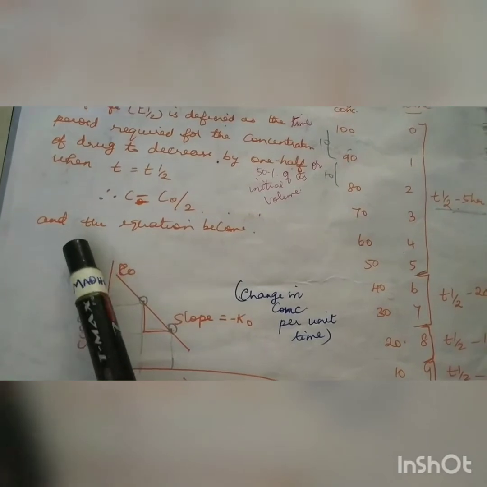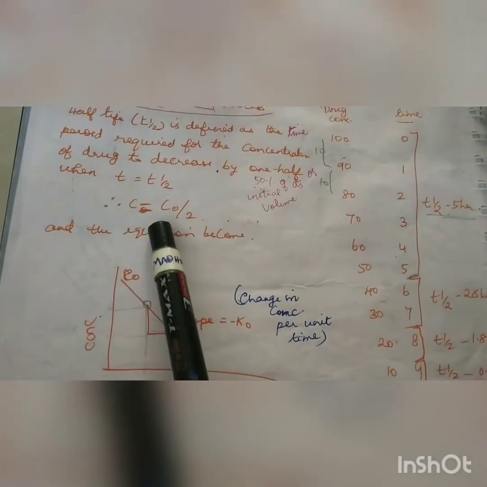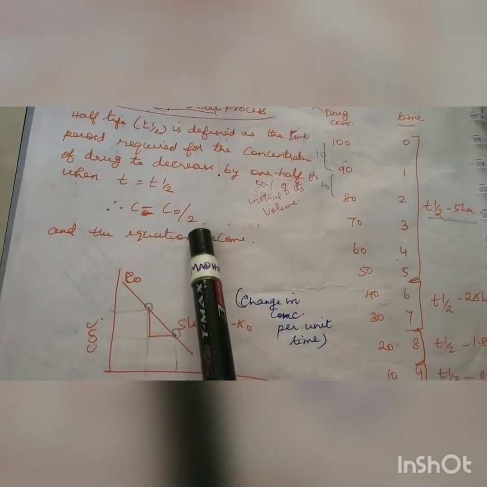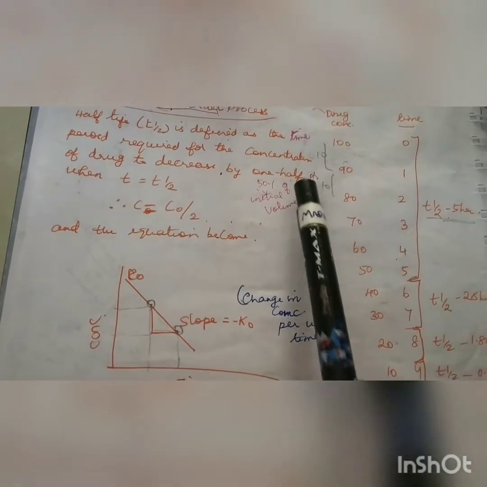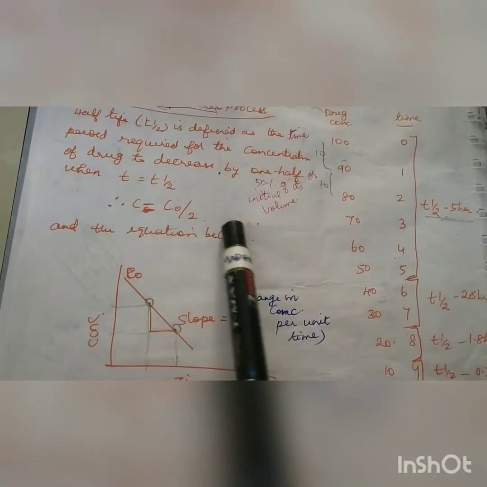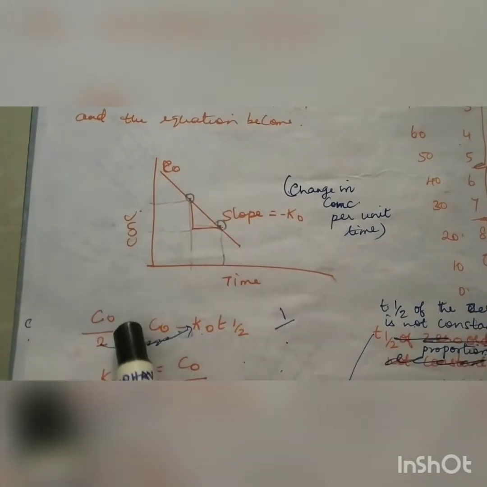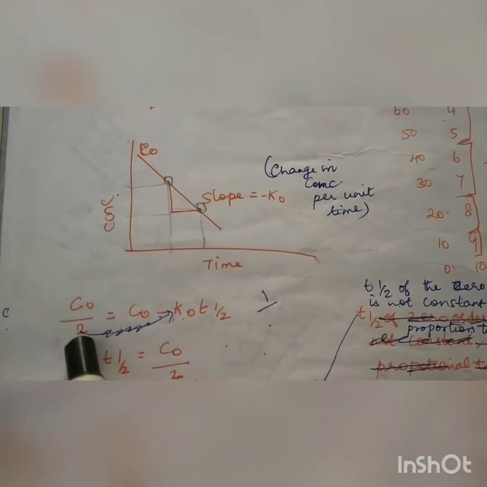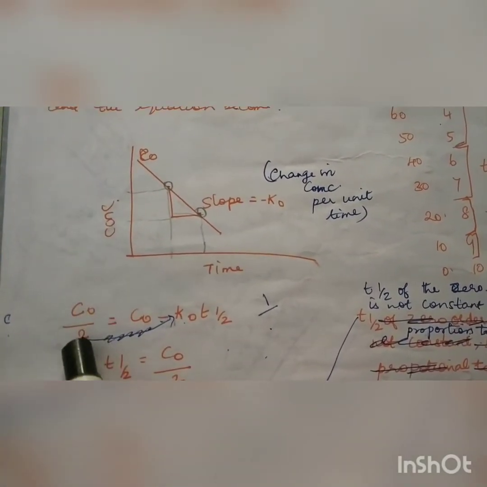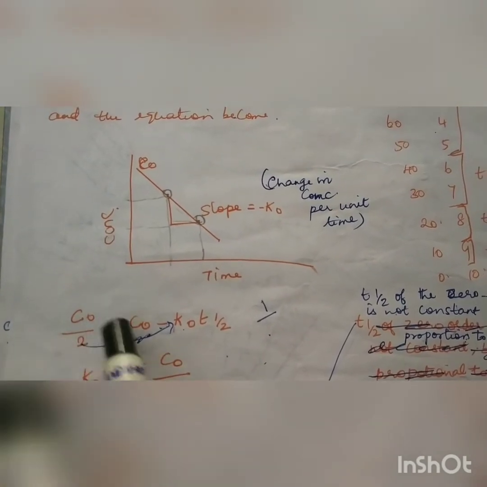At that time, what happened? The concentration becomes half, right? So C we can write as the initial concentration becoming half: 100 becomes 50. So the original equation we have studied can be written with C substituted by C0 by 2.